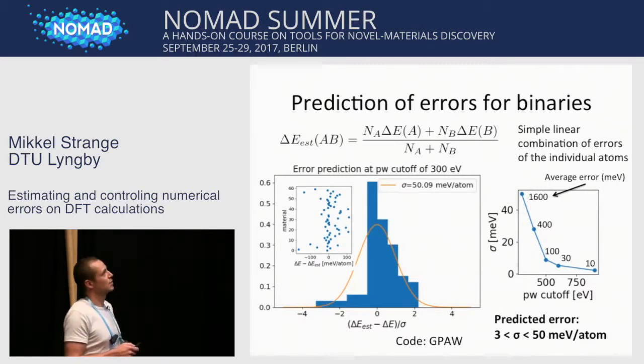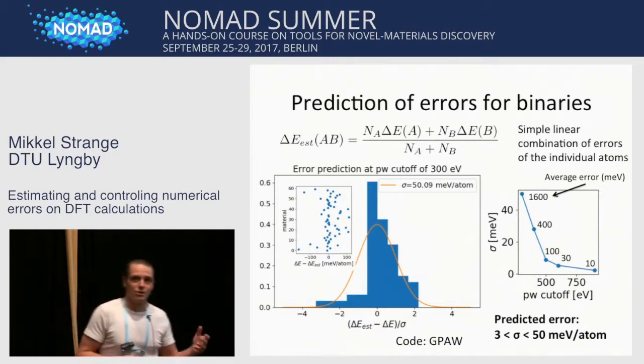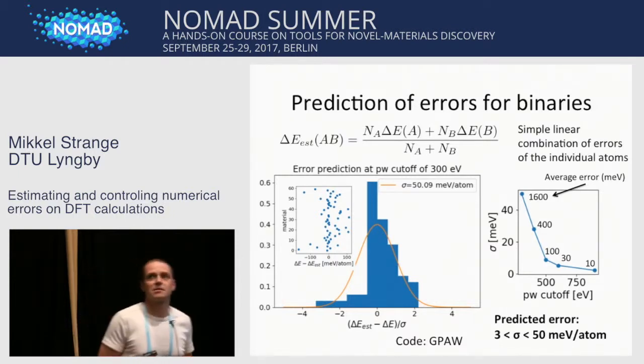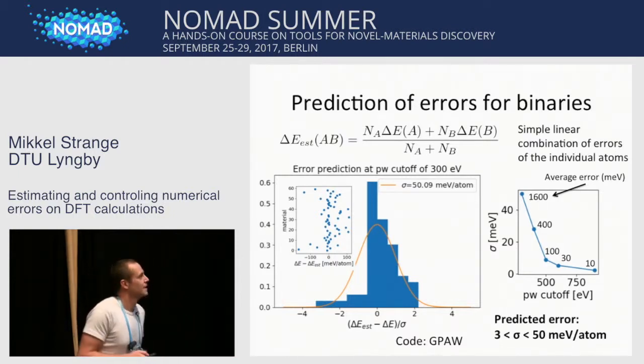It means, for example, that we can predict this estimate of the error with plus or minus 50 millielectron volts. So what is the actual error? This was done at a 300 electron volt cutoff, so the average error is 1600 millielectron volts, meaning we're trying to predict an error on the order of electron volts with, let's say, 50 millielectron volt accuracy. I think that's pretty decent.